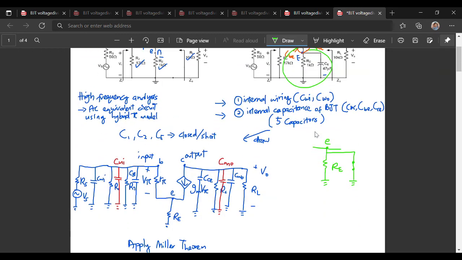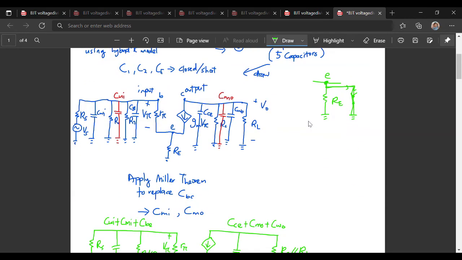So what happens to RE is that the current is more likely to flow to the closed circuit wiring over here. Therefore, from the emitter, the current will flow to the ground. So what happens to the AC equivalent circuit? We can remove RE.